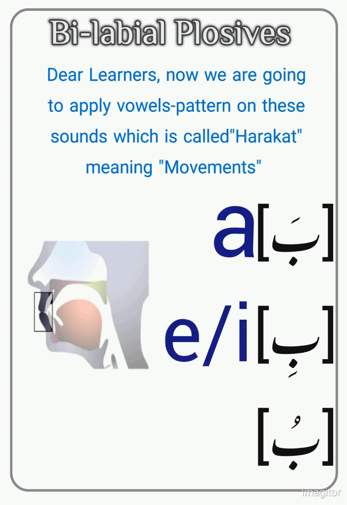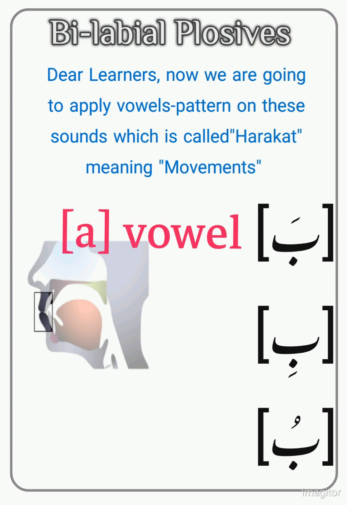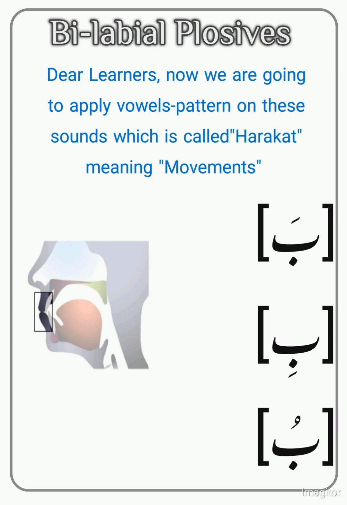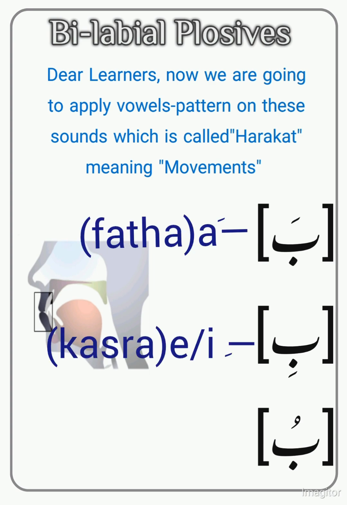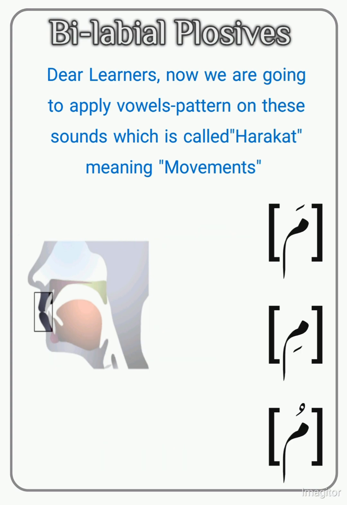Be, e. Boo, o. A vowel sound is called fatha in Arabic. E vowel sound is called kasra. O vowel sound is called dhamma in Arabic.